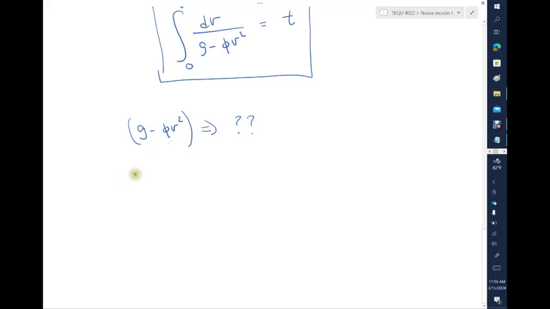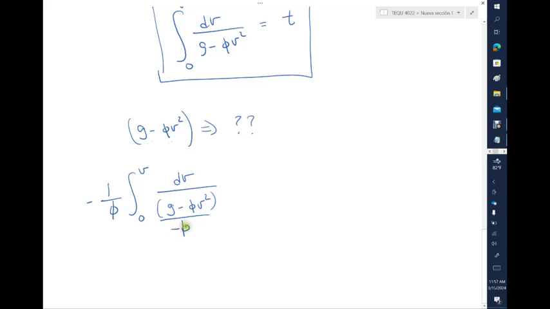For example, let's take the integral from 0 to v of dv over g minus phi v squared. I don't like the way it is right now, so let's divide this denominator by minus phi. If you do that, let's multiply by 1 over phi, negative as well, so this and this will cancel out, and you haven't changed anything.